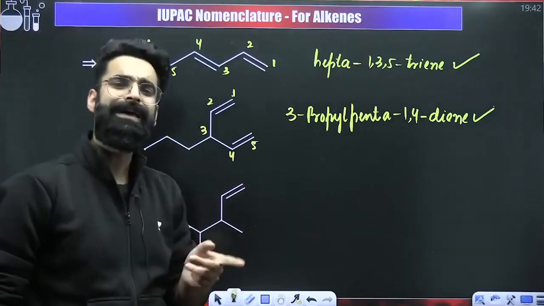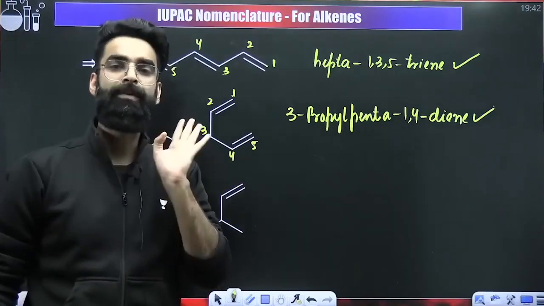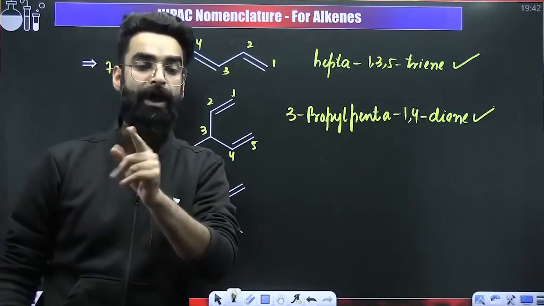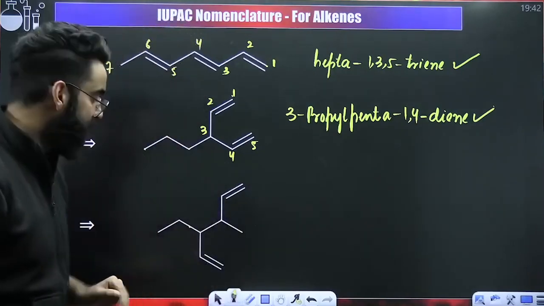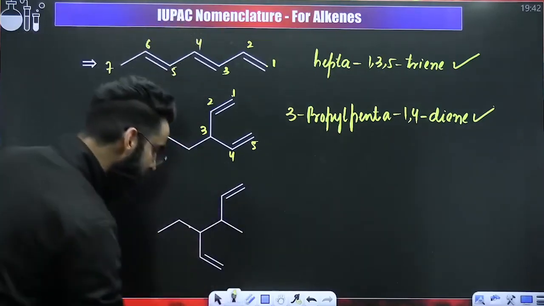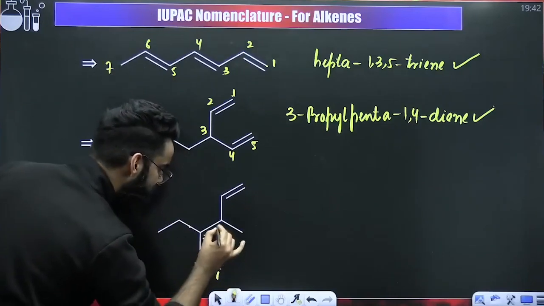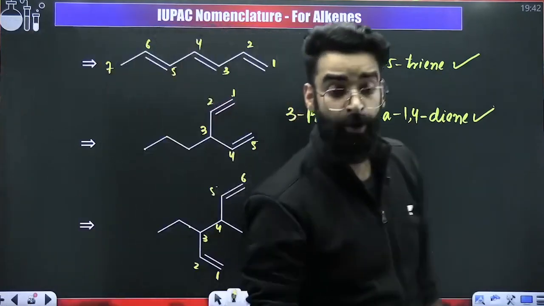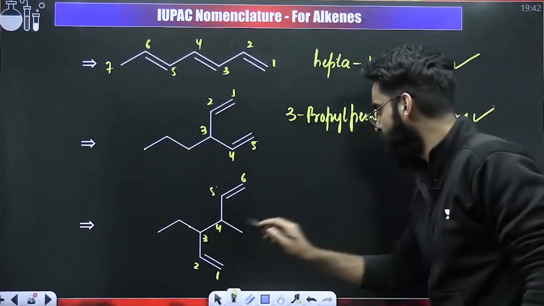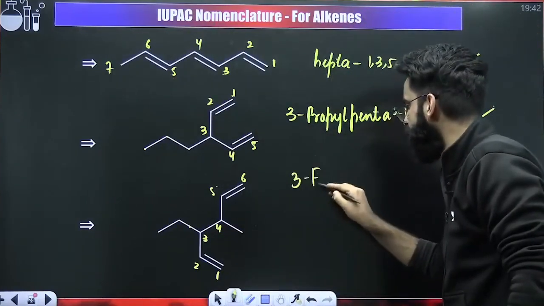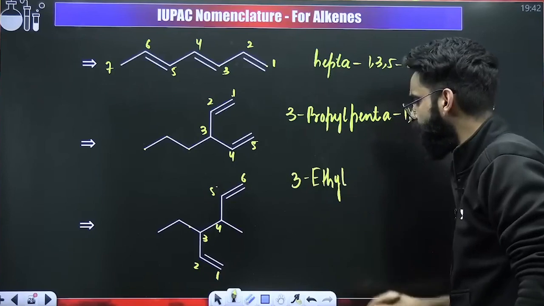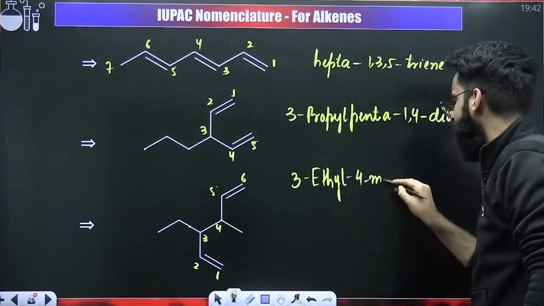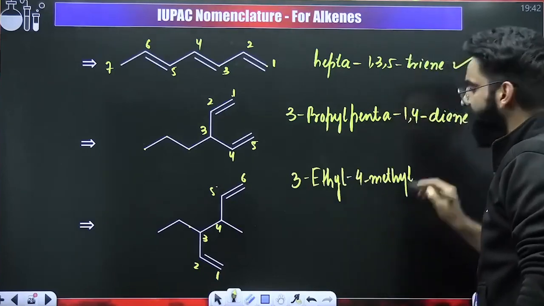Methyl starts with M, ethyl starts with E. In the alphabetical order, E comes before M. So prioritize E. Ethyl should get the minimum number. So start from here. 1, 2, this is 3, this is 4, this is 5, this is 6. While writing also, you'll prioritize ethyl first. So it is 3 ethyl, comma 4 methyl.